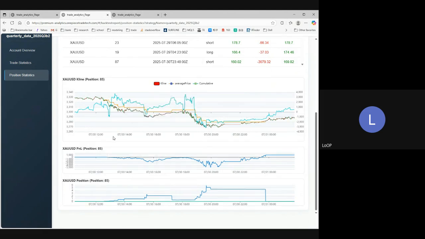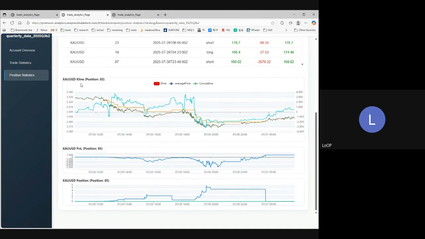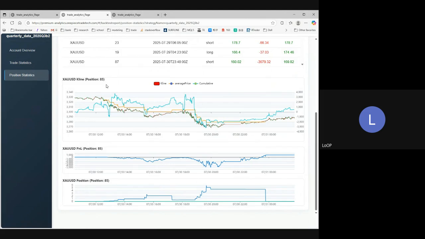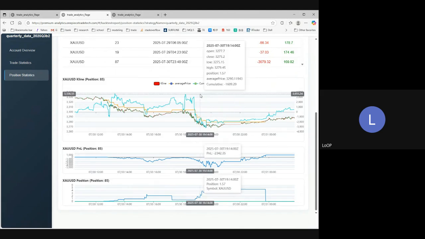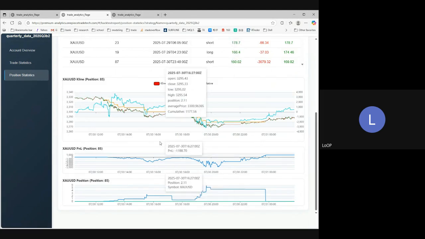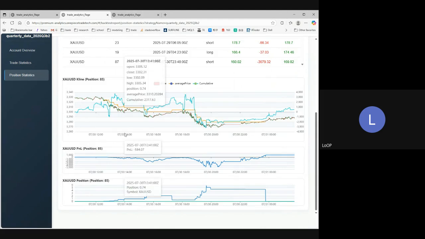But what was actually happening is that during the entire time the market is going down, and the blue line is the institutional order money flow. You can see that around this time and this time, the institutions are aggressively cashing out or selling short gold. But exactly during this time, the strategy was aggressively adding more long exposure.